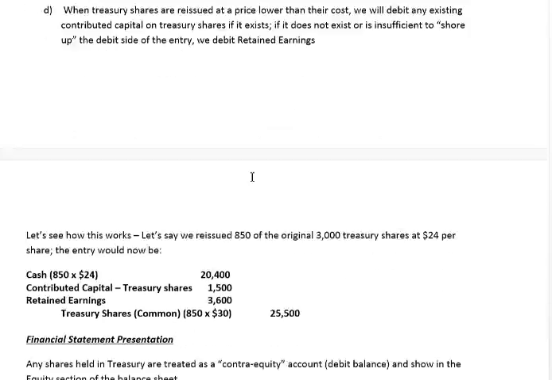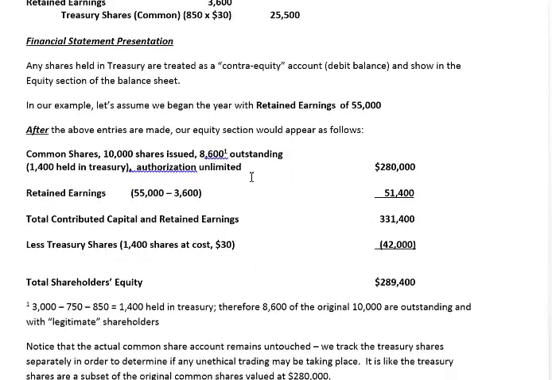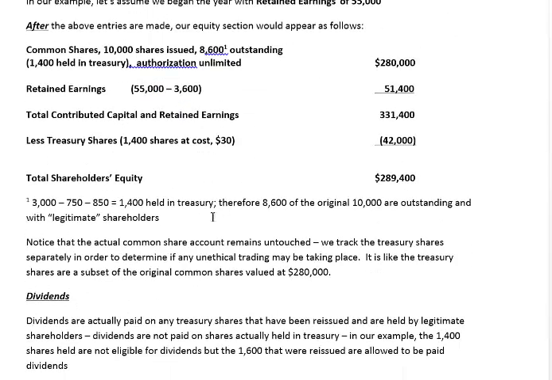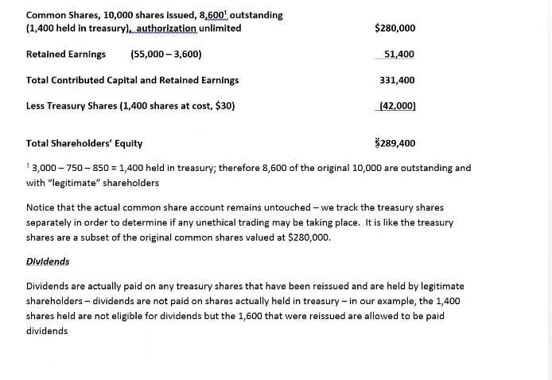So therefore it's got a zero balance. So our total balance here in the shareholders equity section of the balance sheet would be $289,400. So notice again that the actual common share account remains untouched.